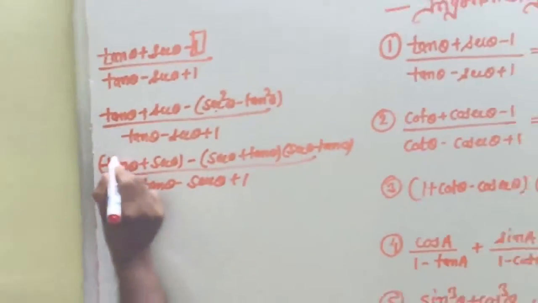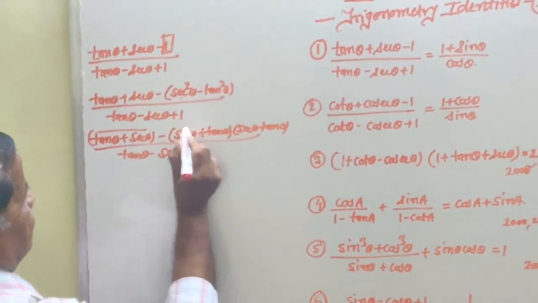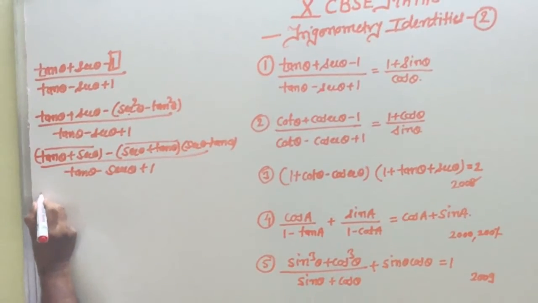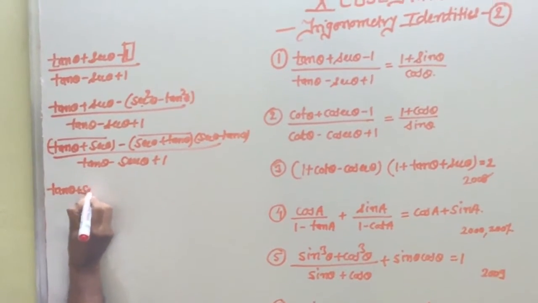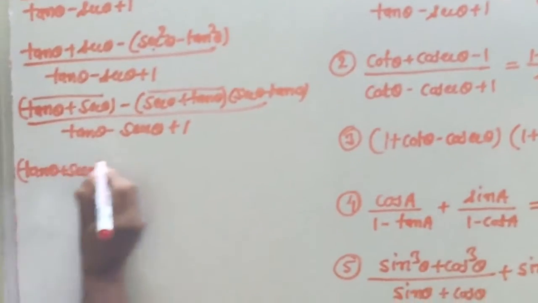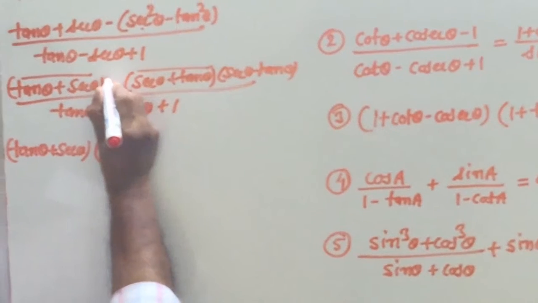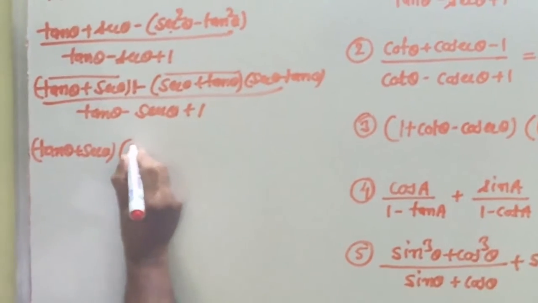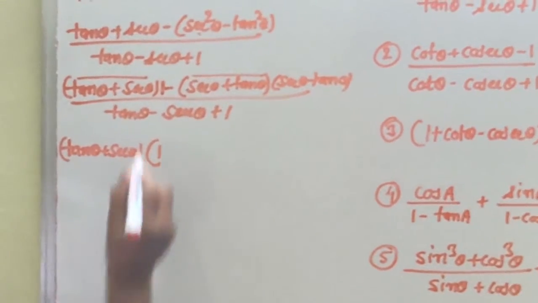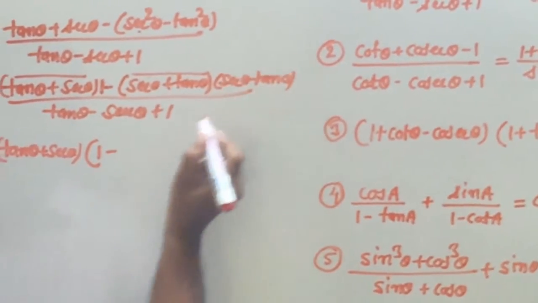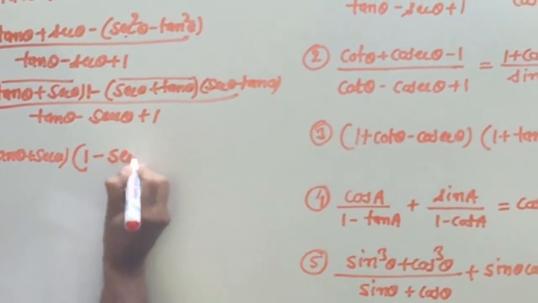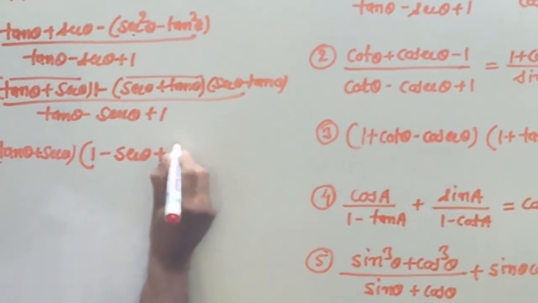Now I can take out tan theta plus sec theta common. So here I am getting tan theta plus sec theta. I am taking out common. What will remain here? No term will remain, so I will write down here 1, and the minus sign is there and this bracket is there, so I can change the sign of this bracket.